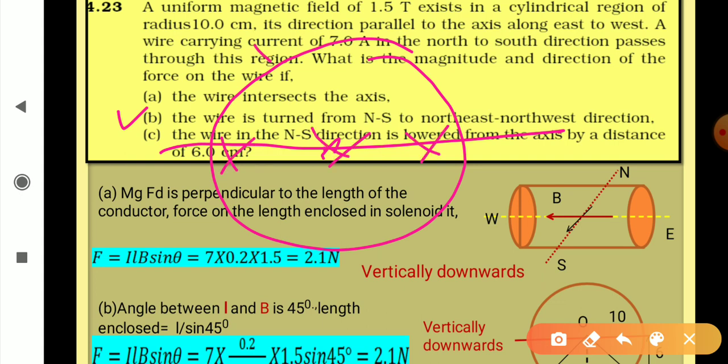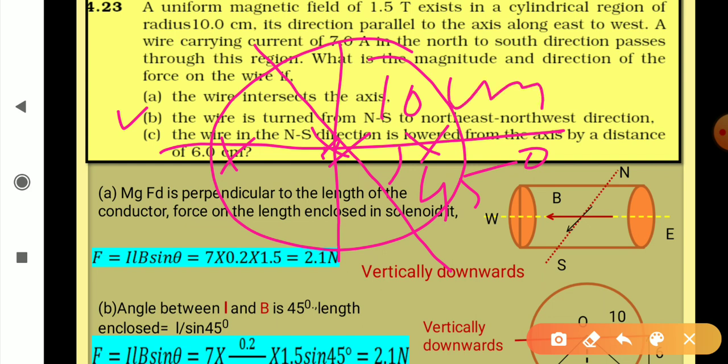Now the wire is turned like this. Okay, and see, look at this situation now. Northeast northwest means this angle is 45 degree. Okay, and this is 10 centimeter as you can see, radius, right?